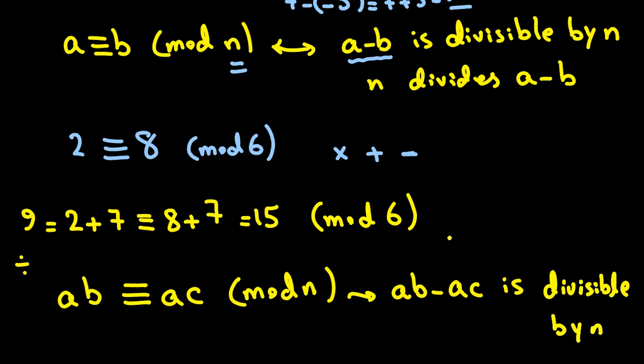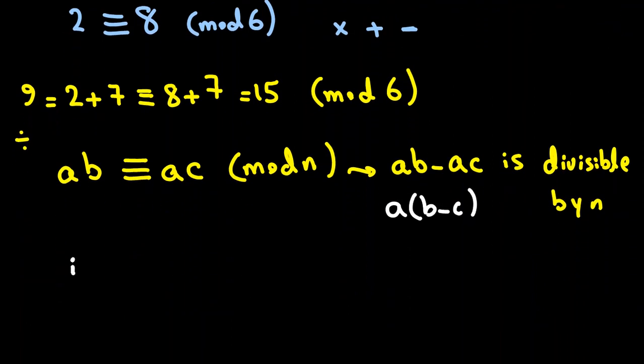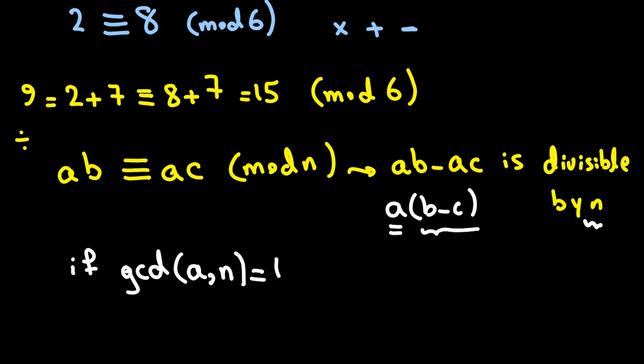You can say A times (B minus C) is divisible by n.